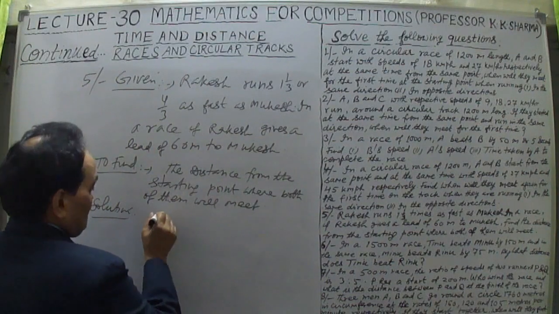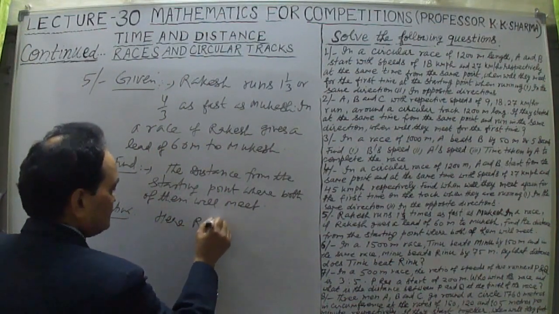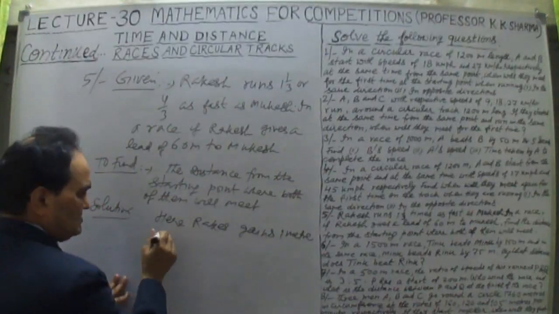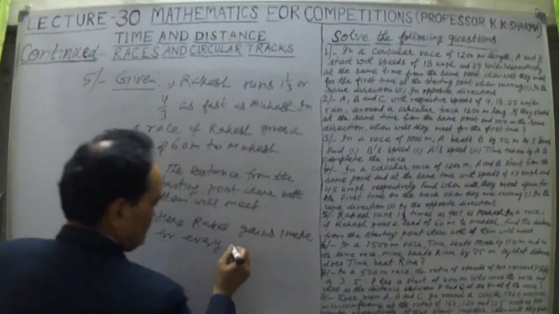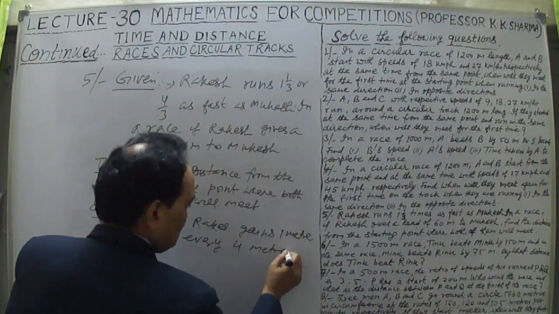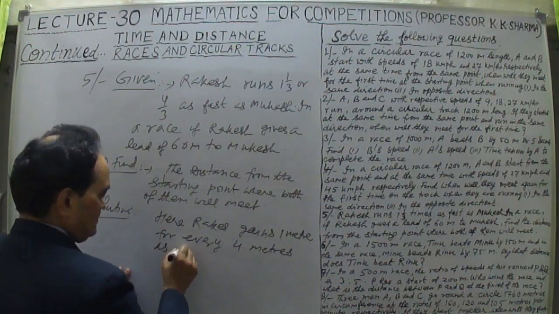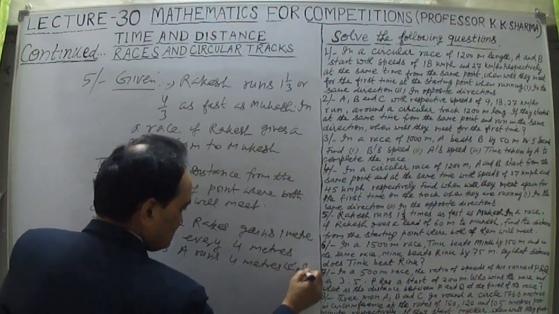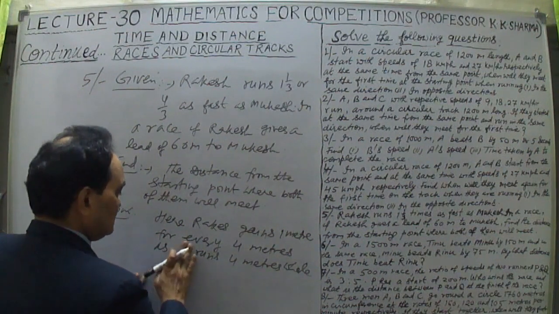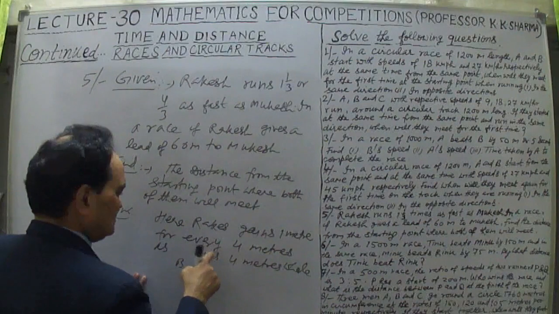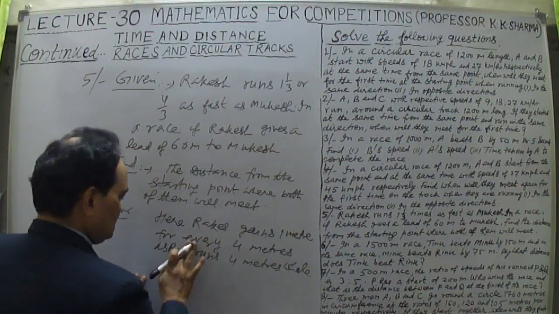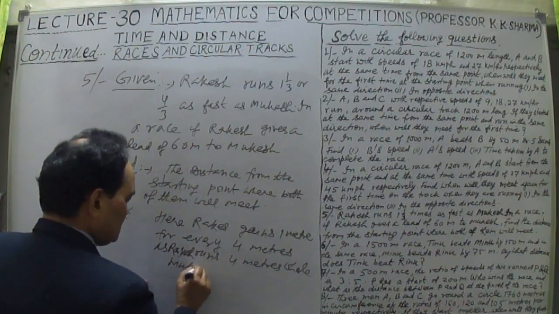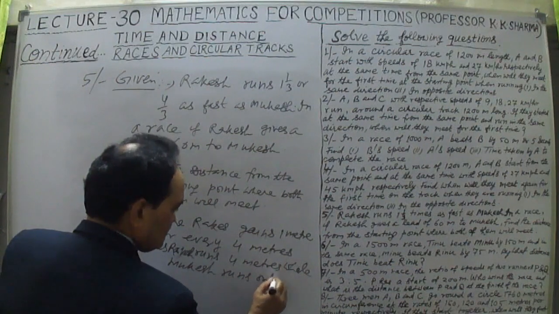Try to understand. Rakesh gains 1 meter for every 4 meters, as Rakesh runs 4 meters while Mukesh runs only 3 meters.